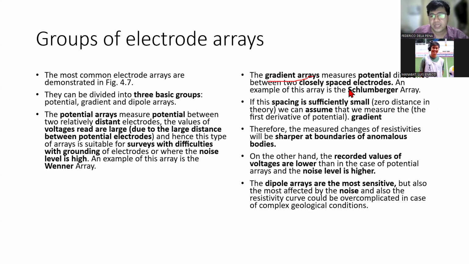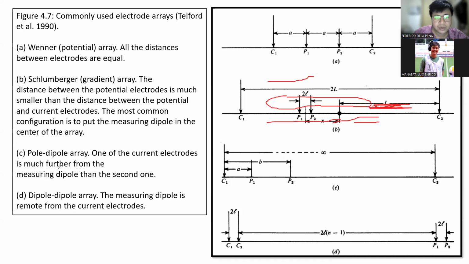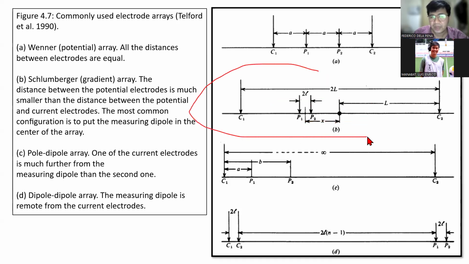What we're trying to do in the gradient array is have a very, very small distance between the two potential electrodes. It's almost zero distance in practice. The theory here is that if you have two closely spaced potential electrodes, you can measure the first derivative of the potential, or the gradient of the potentials. So I'm going to show the setup of a Schlumberger array.